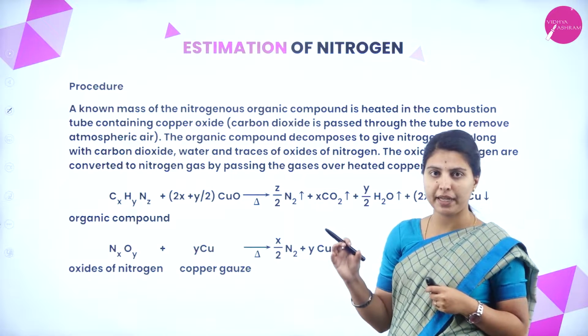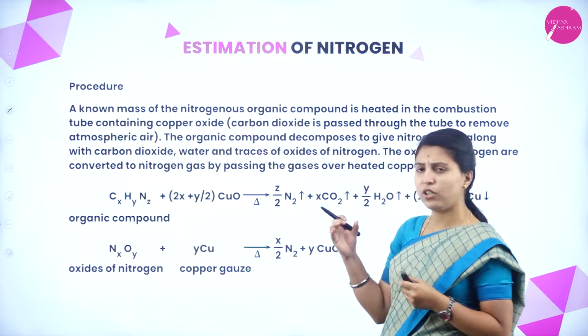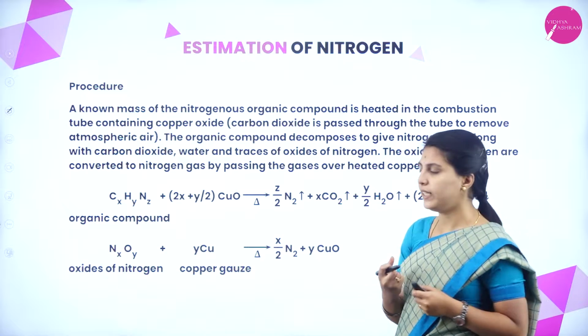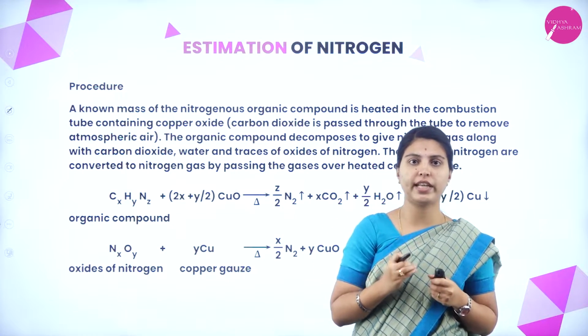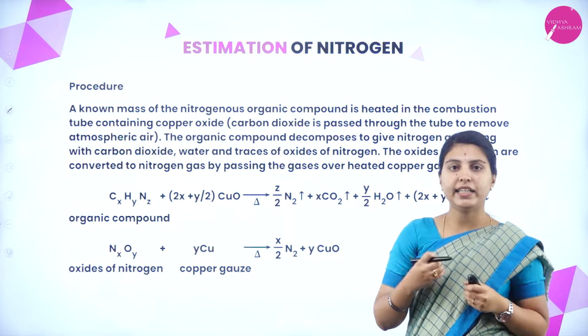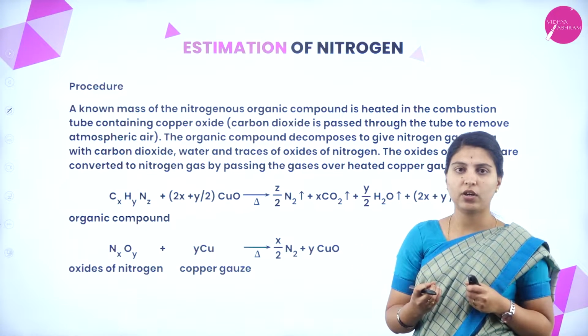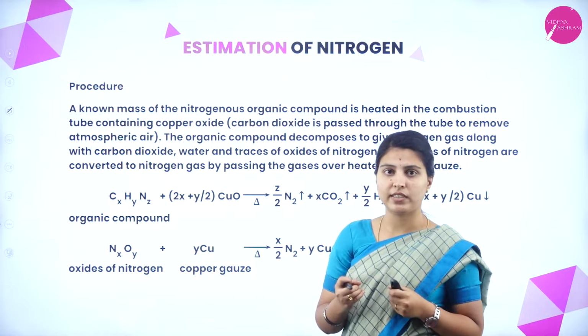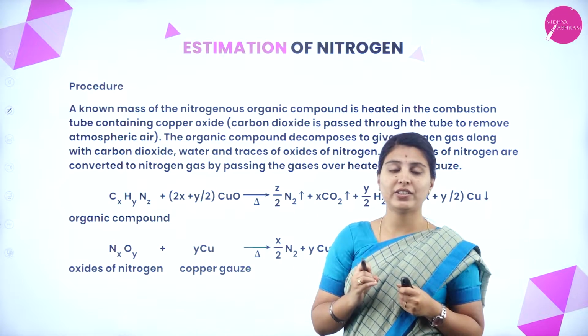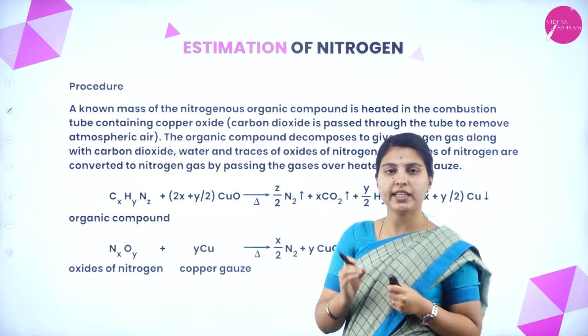You have already seen the apparatus. What are they doing? The same principle we have already discussed. A known mass of nitrogenous organic compound is taken and treated with cupric oxide in the presence of carbon dioxide, which removes the atmospheric air.